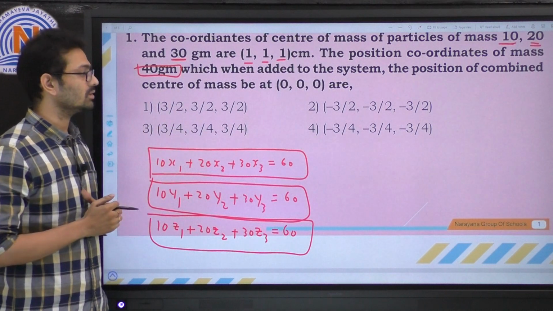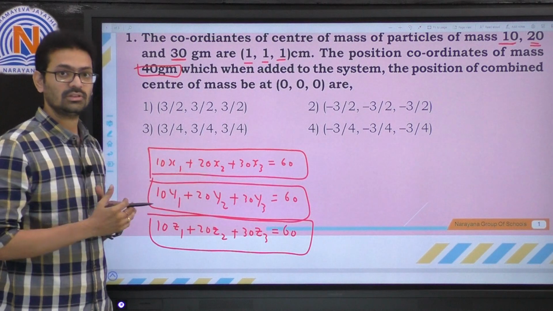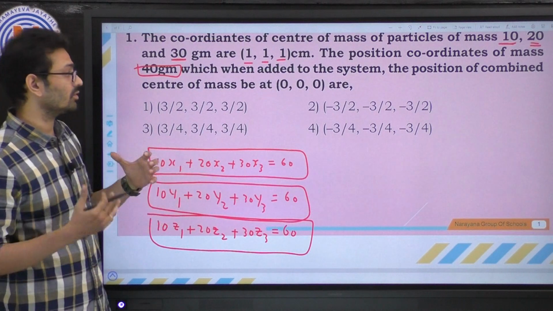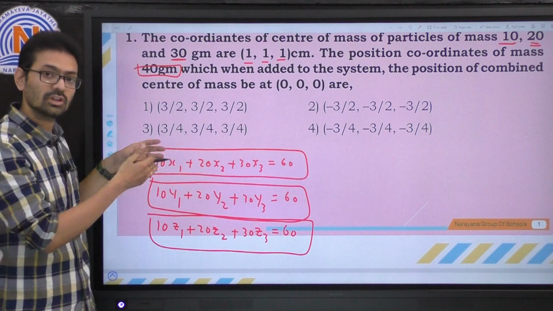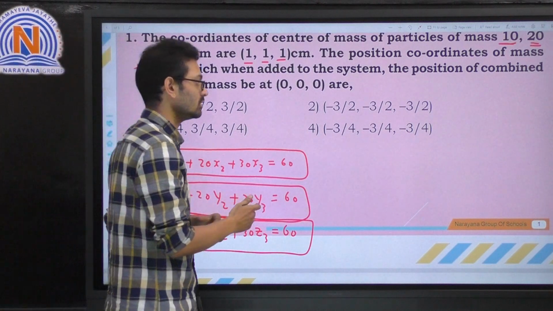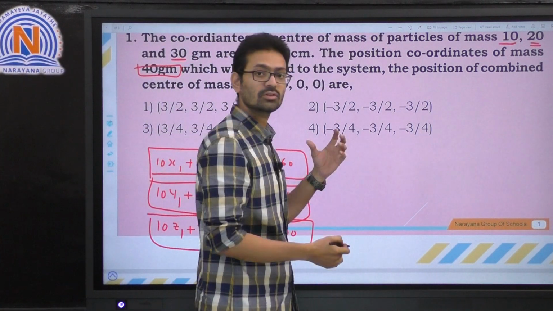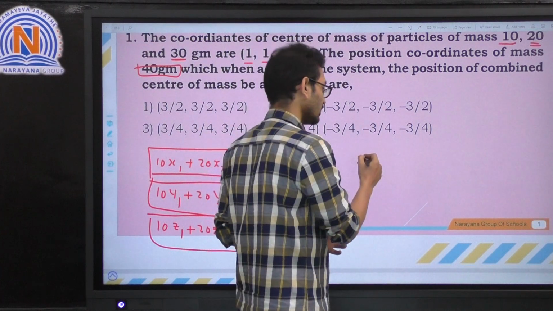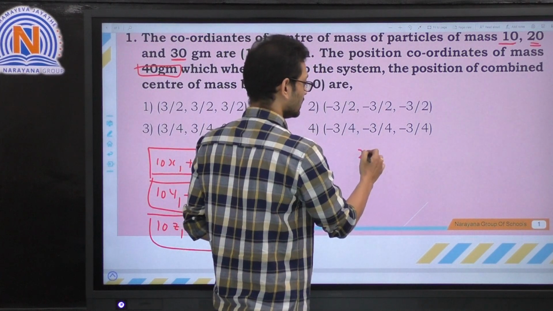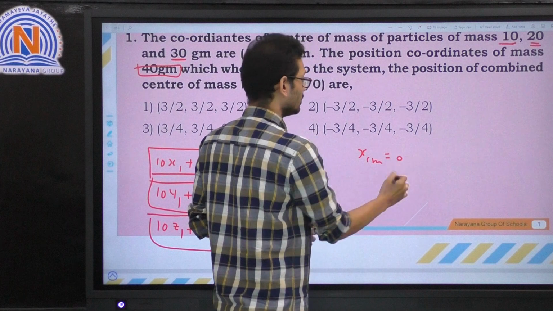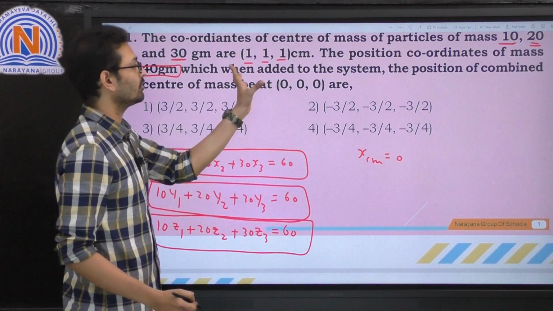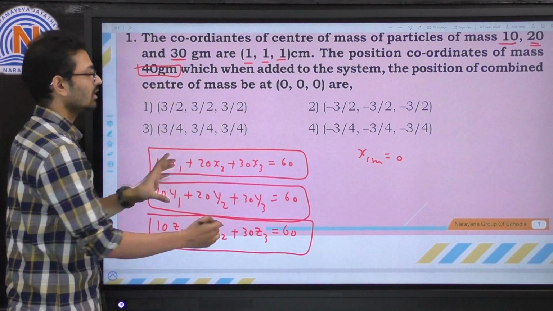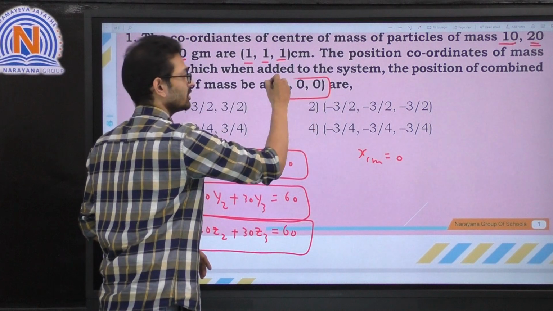Your center of mass changes to another location. They have already given that x center of mass is going to be 0. If you add this 40, your center of mass is going to be 0, 0, 0.